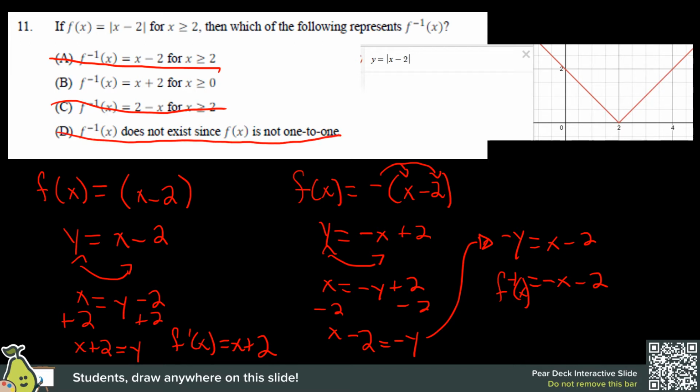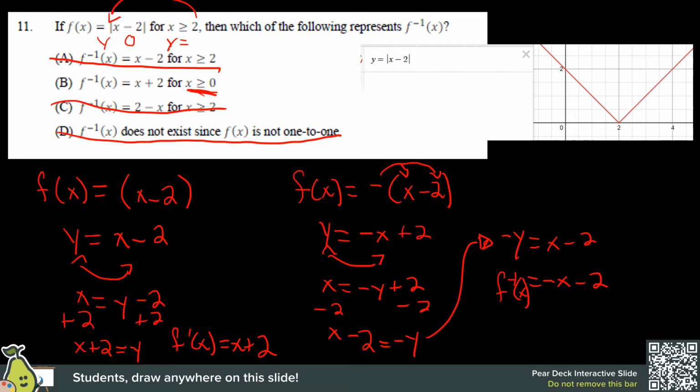Now I do want to make sure that we understand how we get this as our domain. X is greater than or equal to 0. So in this case, we have this 2 value here, right? To solve for our switching of x and y, what we need to get is what is y when this is true. Well, when I plug in 2 in here, we'd get 0.